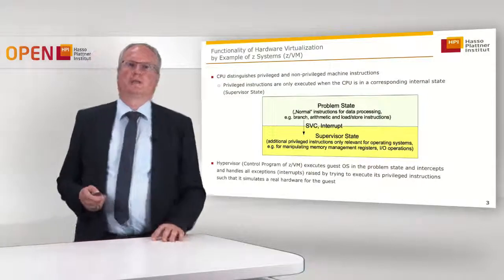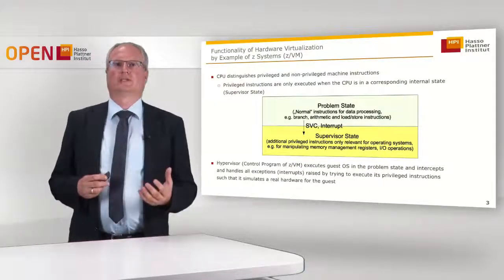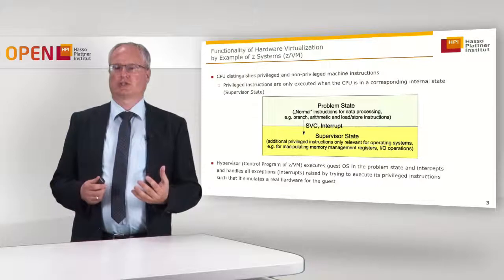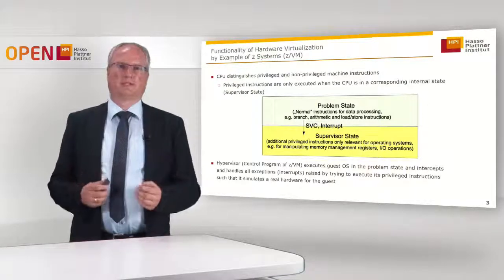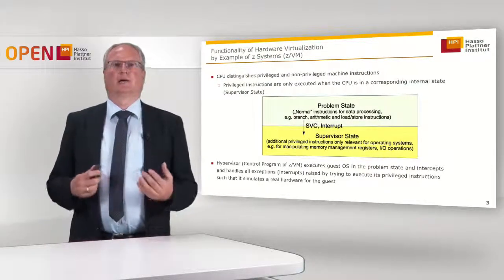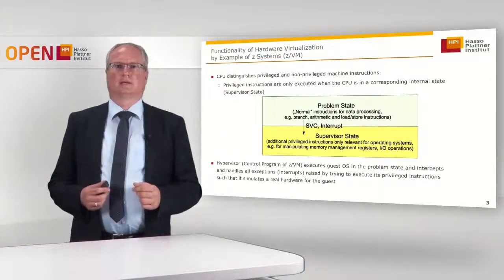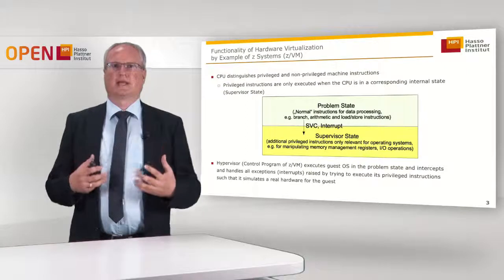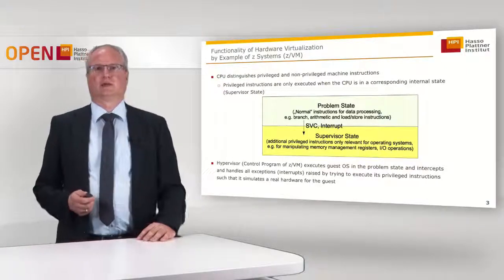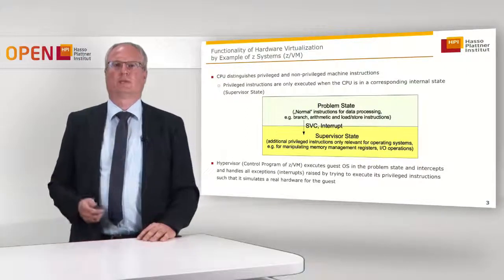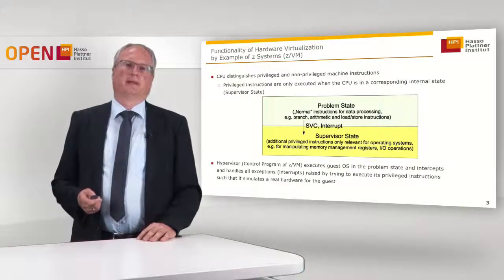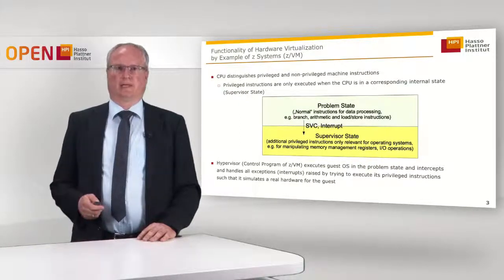So in general, modern CPUs distinguish privileged and non-privileged machine instructions, and privileged instructions are only allowed to be executed in a privileged state of the CPU, in this case called the supervisor state for the mainframe CPU, and not in the problem state.